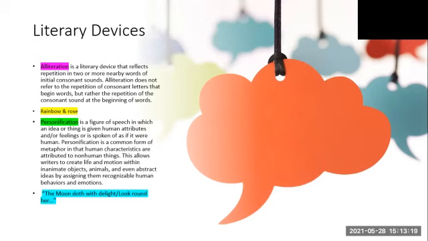Of course, the use of personification allows writers to create life and motion within inanimate objects or animals, or even abstract ideas, actually. So personification here gives the feeling of vivid, alive nature.